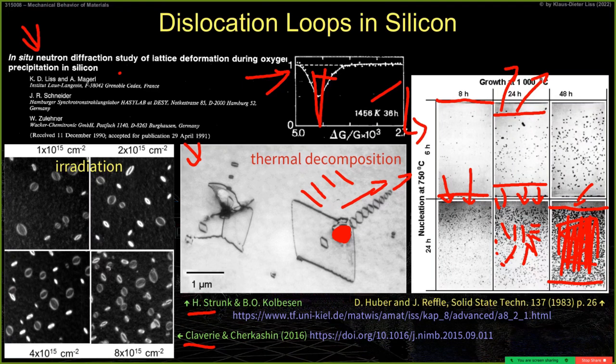And also, if you remember diffusion, the impurity atoms other than oxygen, like metals, iron, copper, and whatever you have in there, can move along, diffuse along the gradient of the strain field and get gathered here.